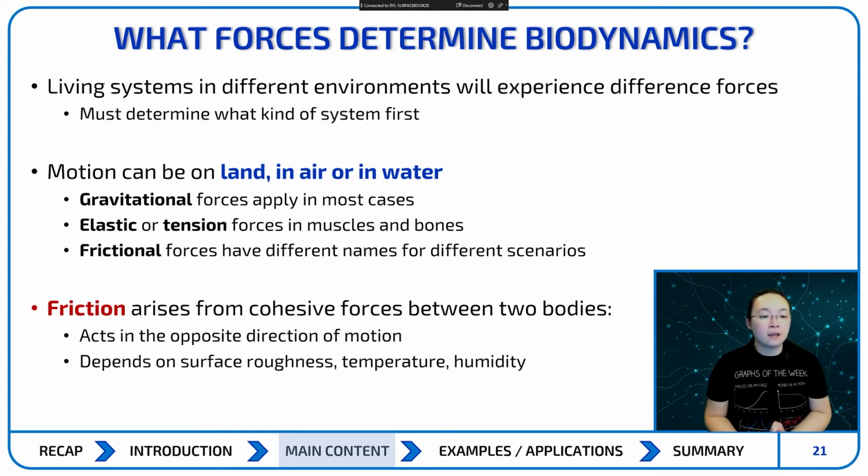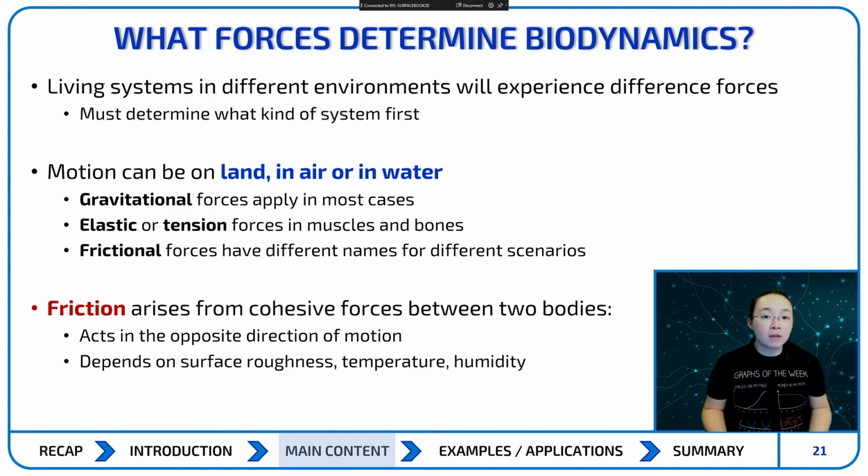So the next thing is, in terms of what kinds of forces are available to act on that body, your motion can be one of three things. It can occur on land, so for example, if you're walking; you can have motion in air, so if you're flying like a bird; or you can have it in water where you're swimming.